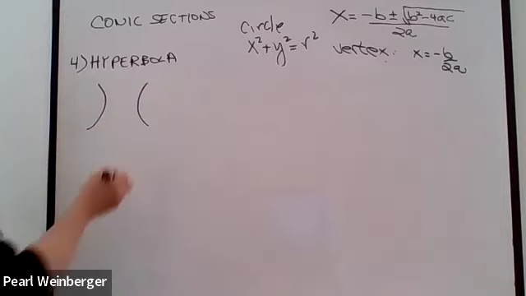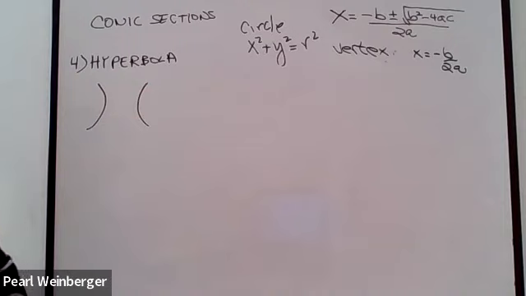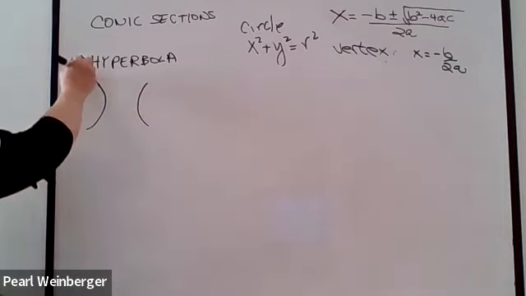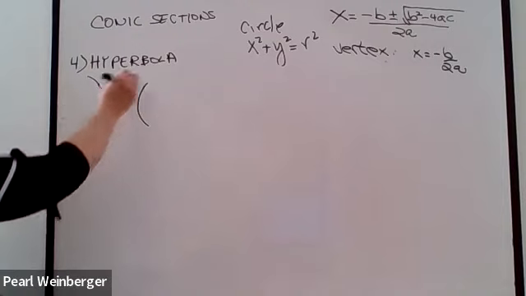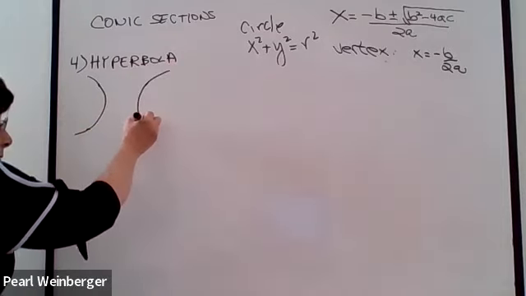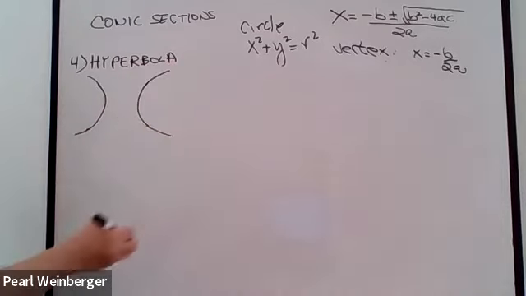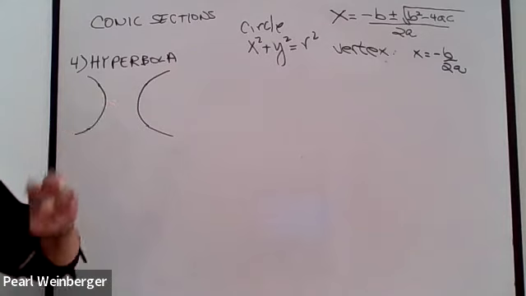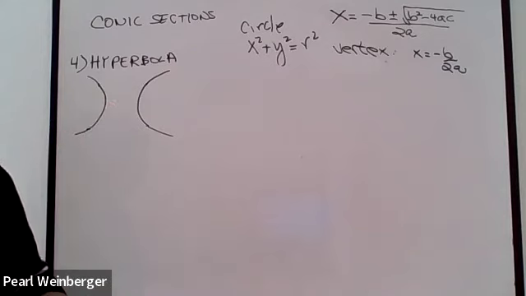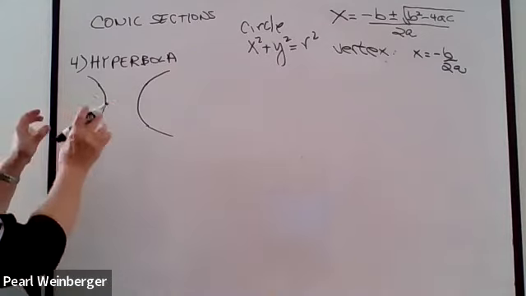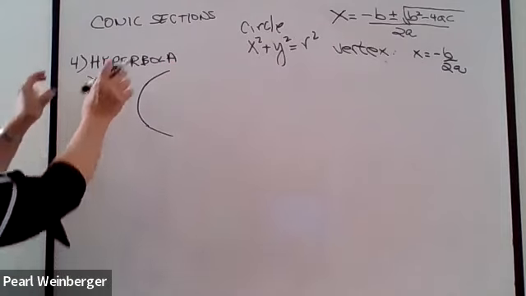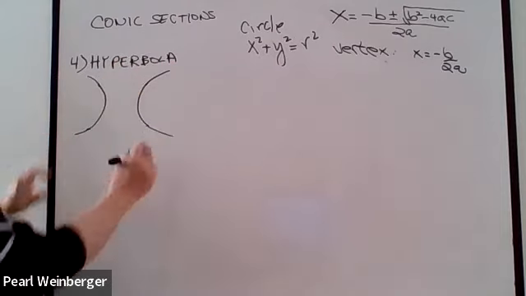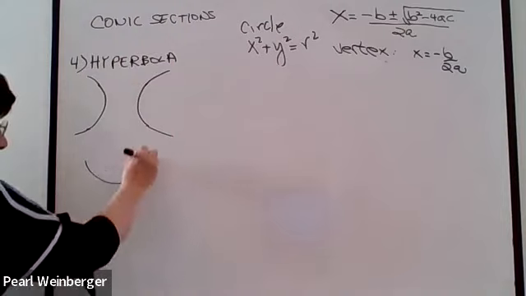It's always made up of two branches, sort of like back-to-back parabolas. It's not really the same shape as a parabola, but if you think about it, it's two back-to-back U shapes. It's two branches back to back, sometimes sideways, sometimes up and down.